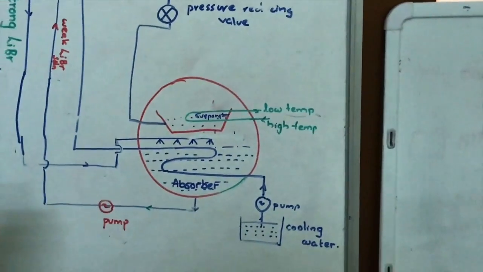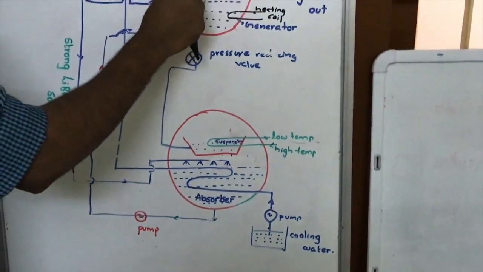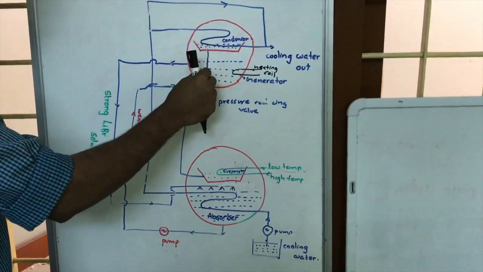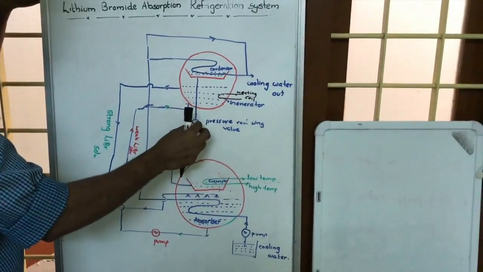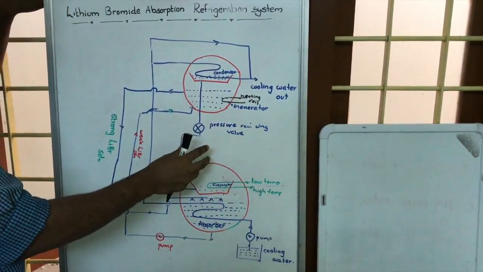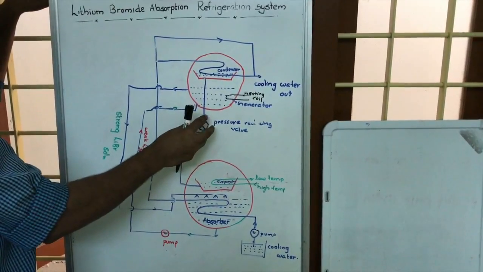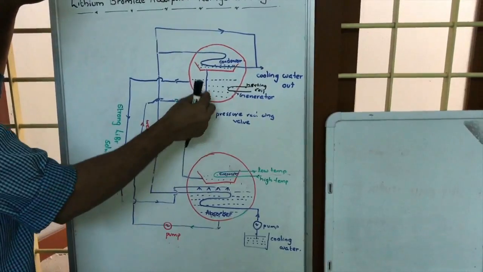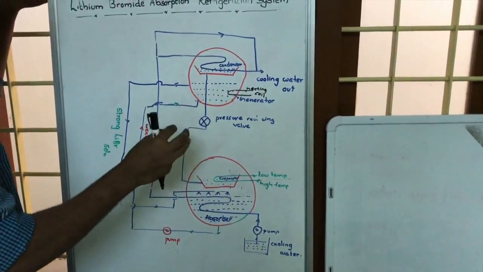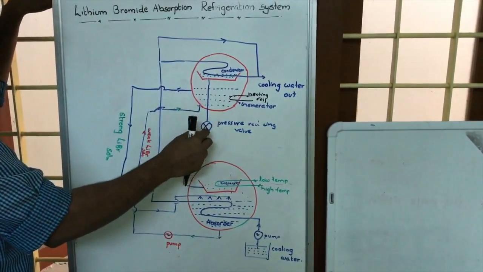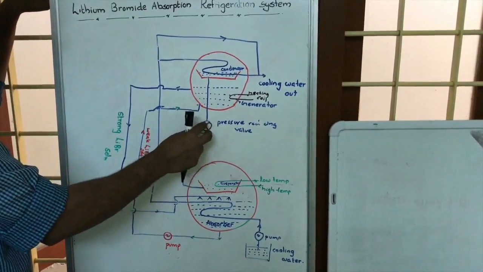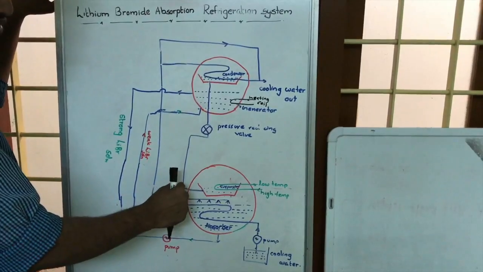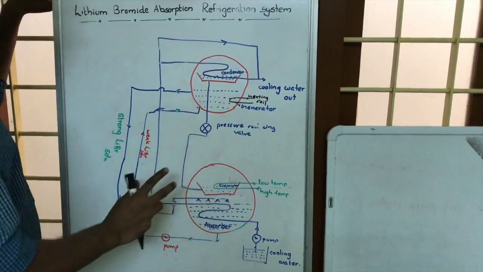First, what happens is, from here the water will be flowing, and at the expansion valve this water will be expanding, so that the temperature of that water is reduced. Keep in mind that it is the water that passes through this pressure reducing valve or expansion valve. So pressure is reduced, and now it comes to the evaporator.